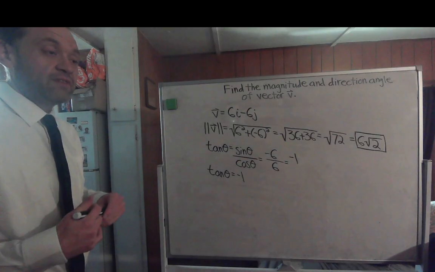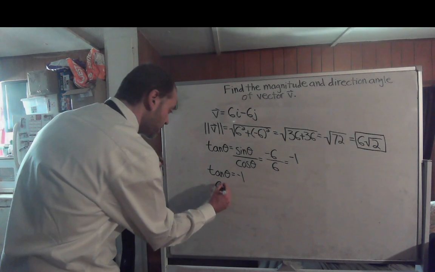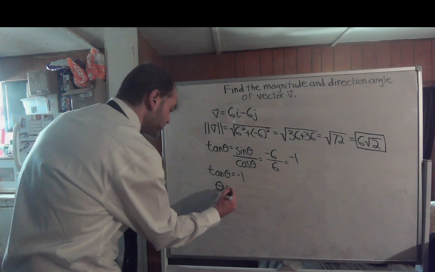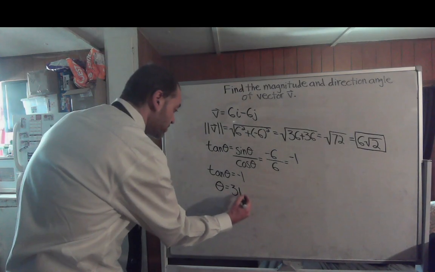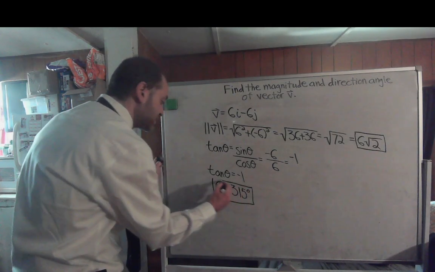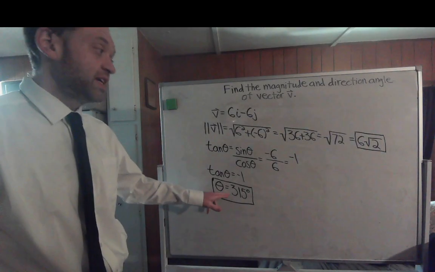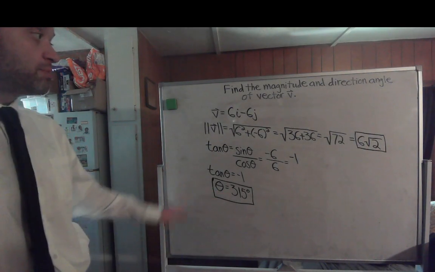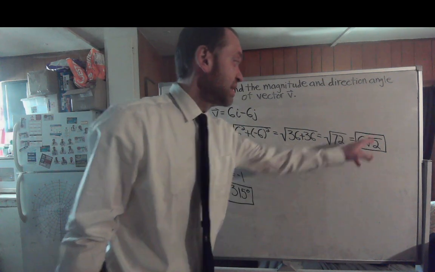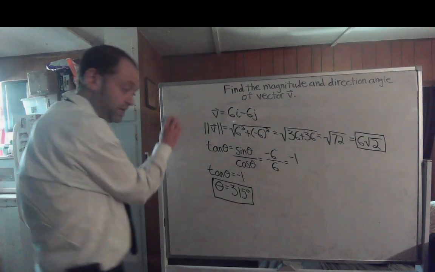Subtract 45 degrees from 360, you would get 315 degrees. So the angle it makes with the positive x-axis, the direction angle, is going to be 315 degrees. So the magnitude of this vector is 6 times the square root of 2. The direction angle is 315 degrees.